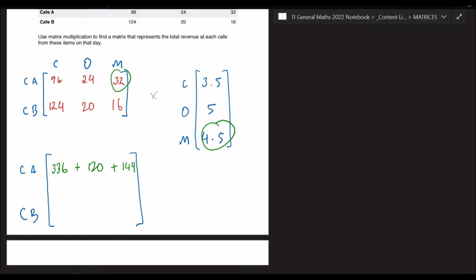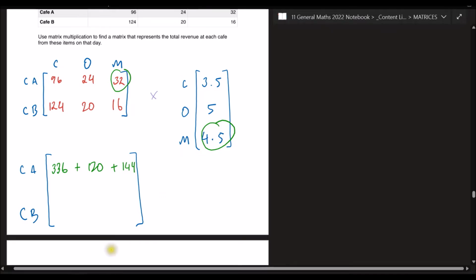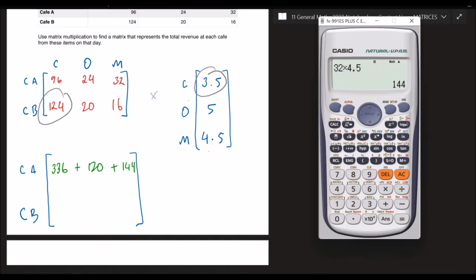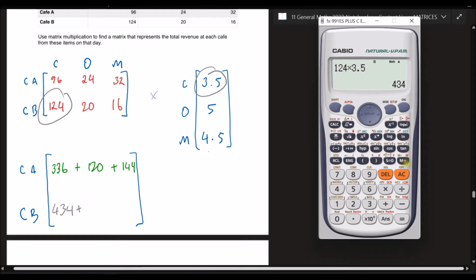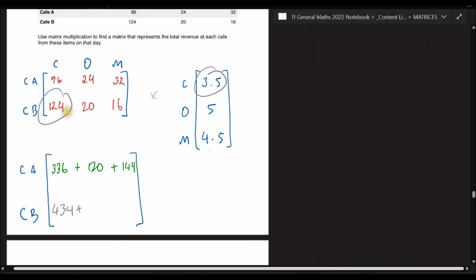Let's do the second one. So you've got the 124 by the 3.5. Again, on your calculator, when you do your CAS, it'll be a lot easier. But I'll also show you guys how to do it by hand, because there's going to be times where you're expected to be able to do this by hand.